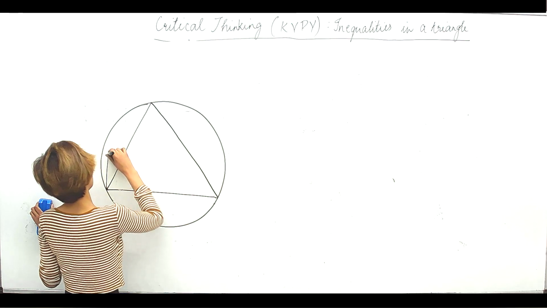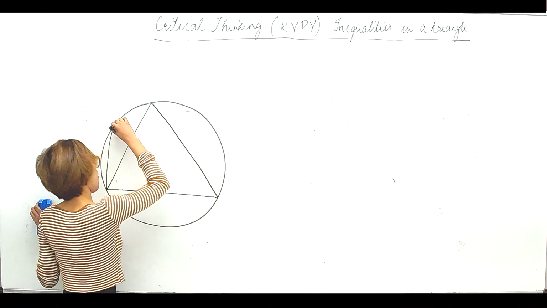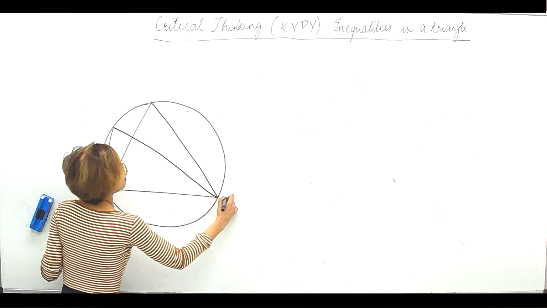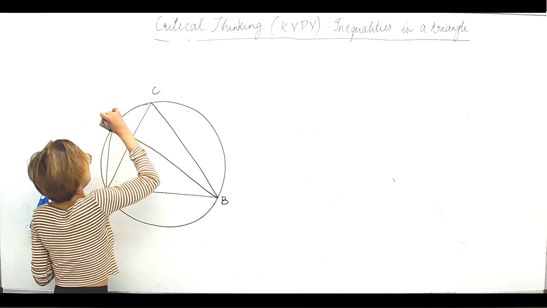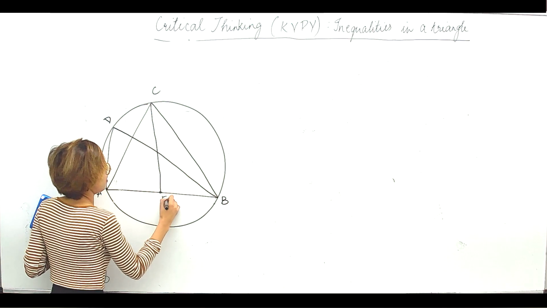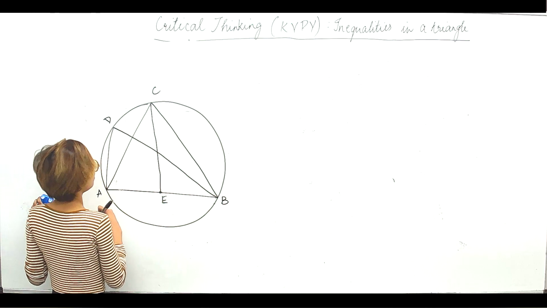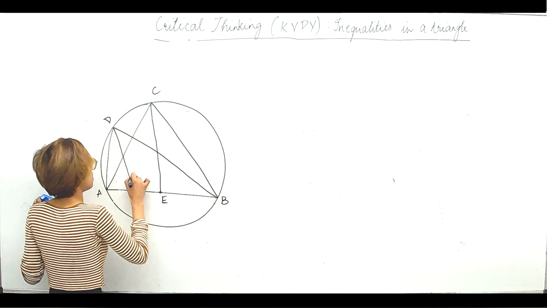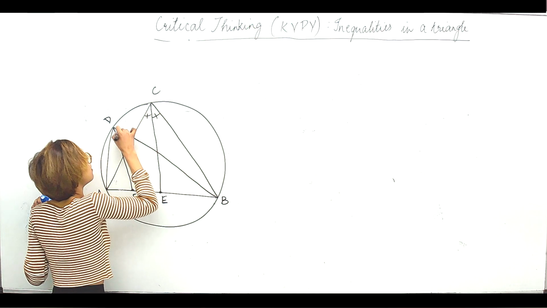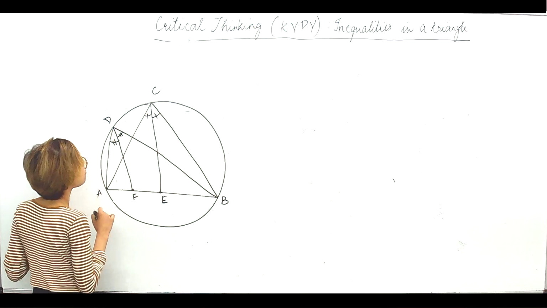Then the secondary one. Right, so A, B, C, D, then my angle bisector. This is E, and my angle bisector. This is F. This is equal to this is equal to this.